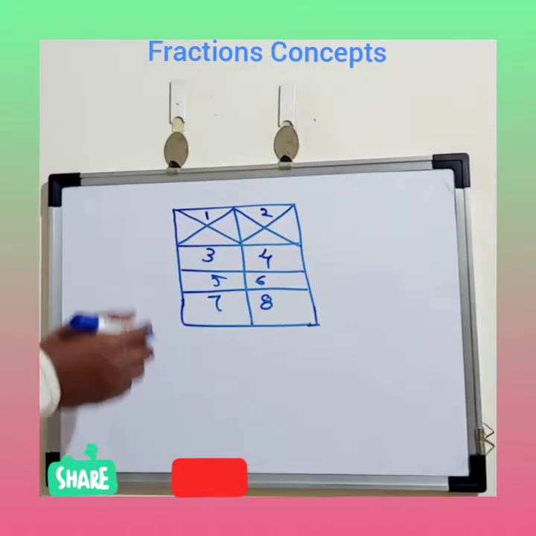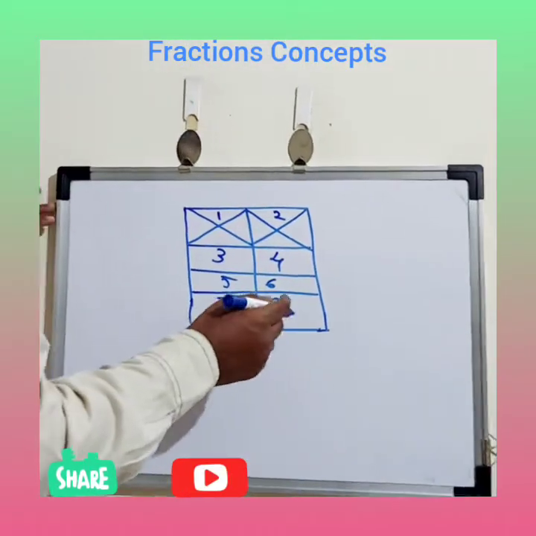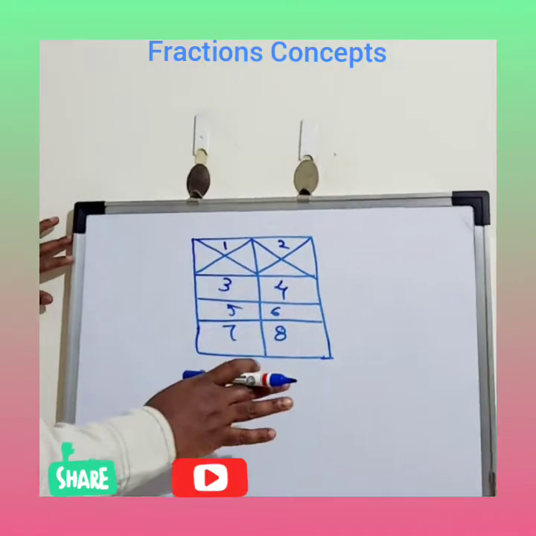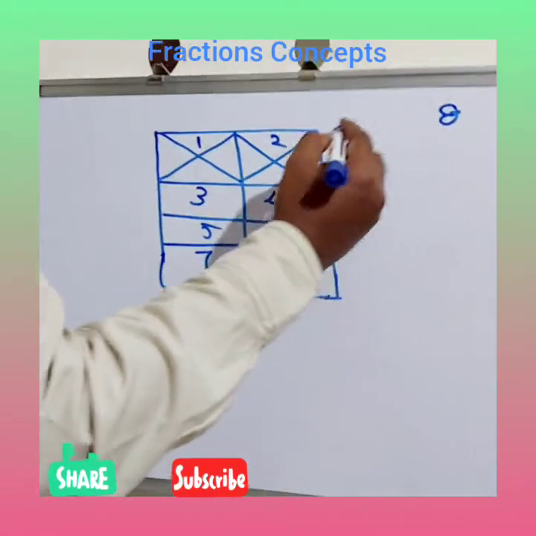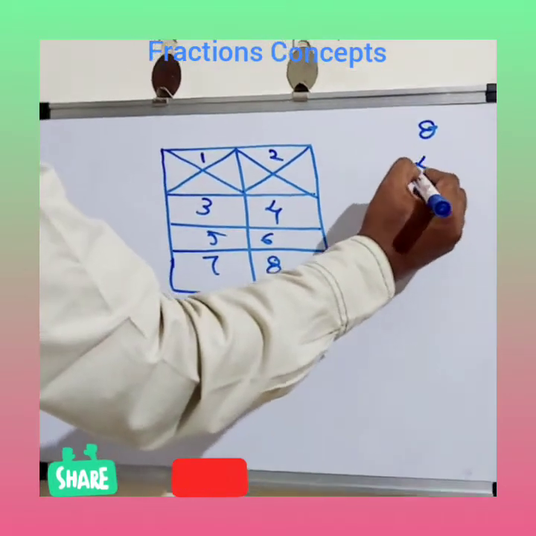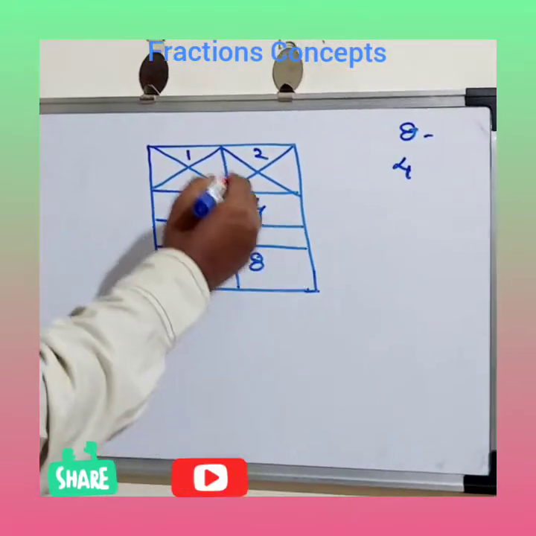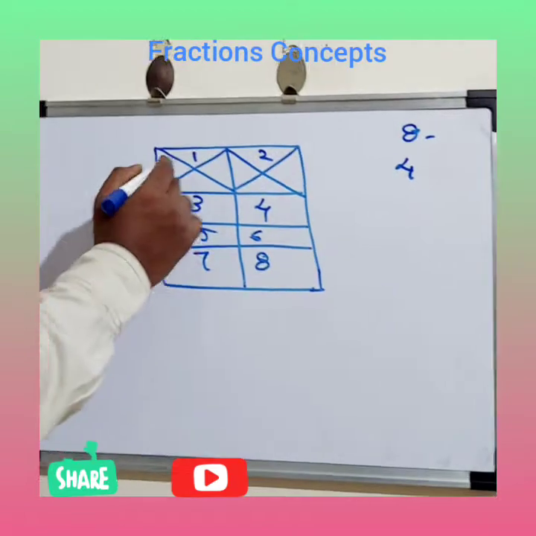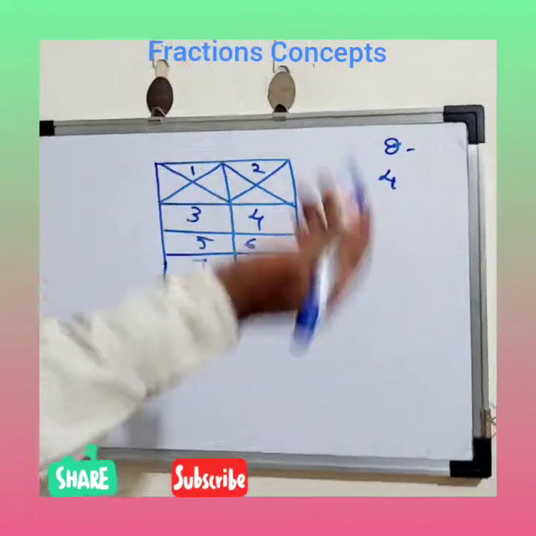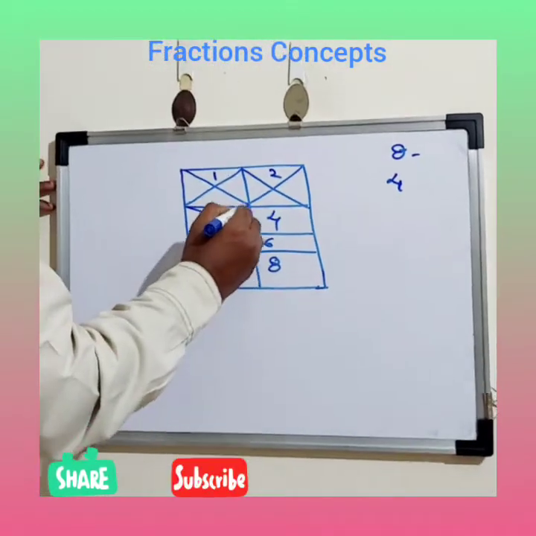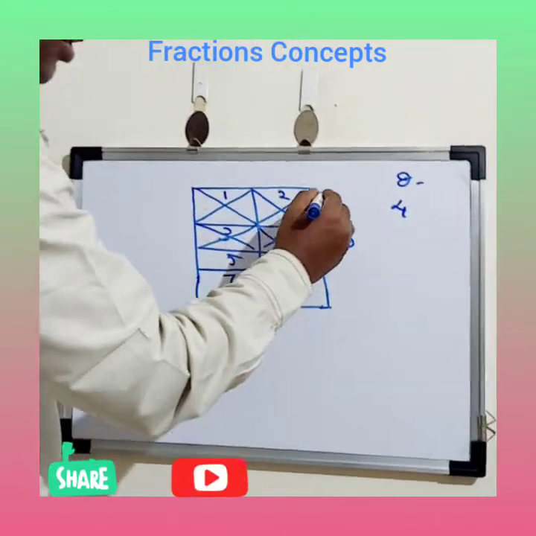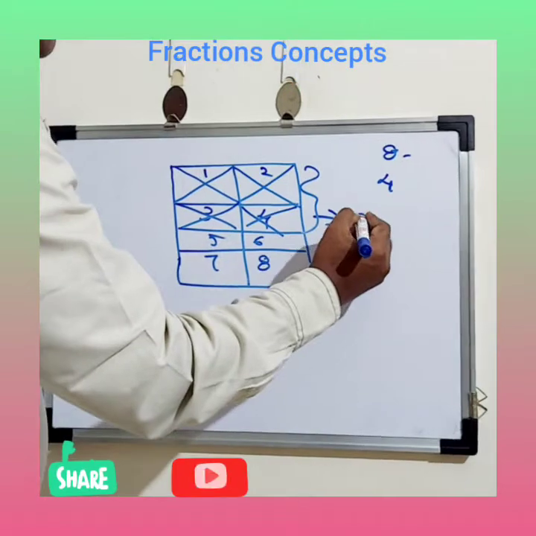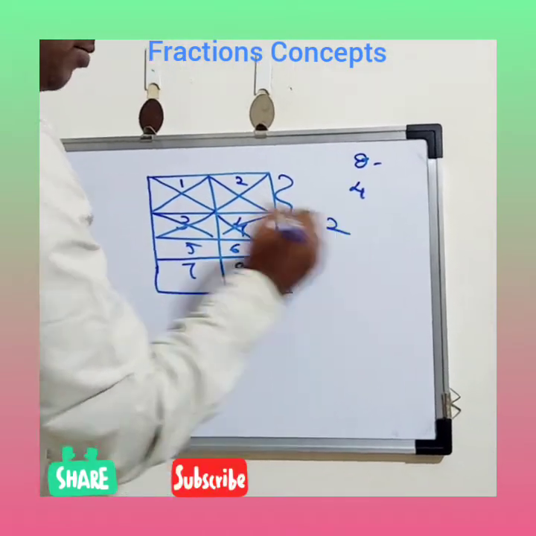The question is to shade 50% of the figure. Total how many parts? 8. Out of 8, 50% means what? 4. 50% is just half of 8. Already how many parts were shaded? 2. So how many more need to be shaded? 2. To shade 50% of the figure, we need to shade 2 more parts.